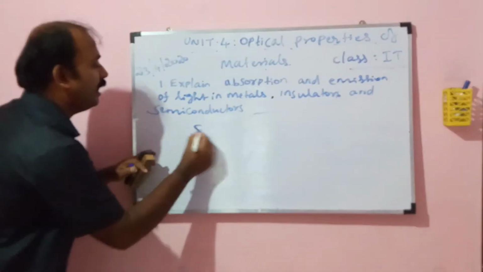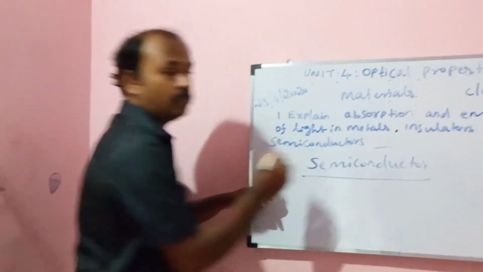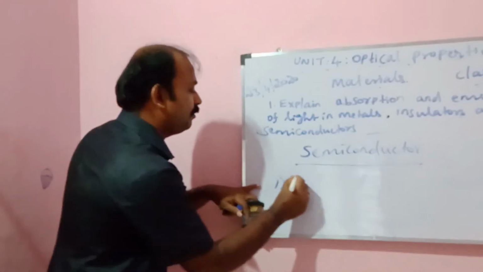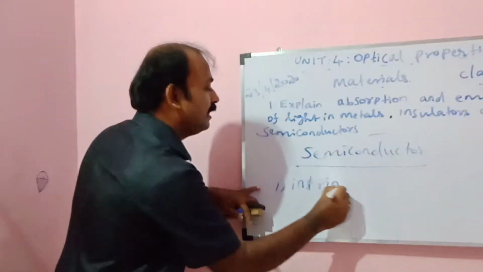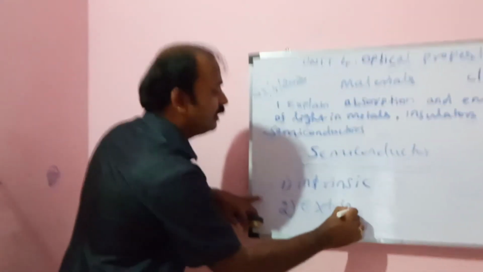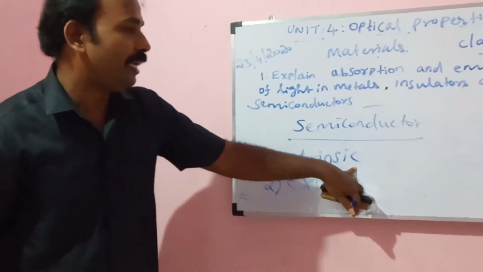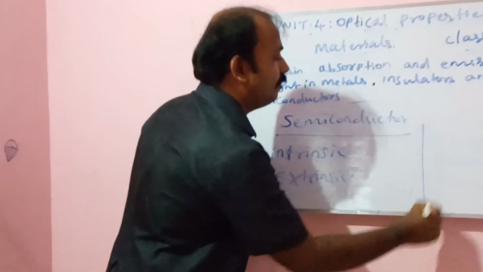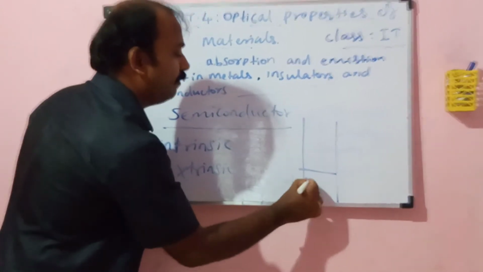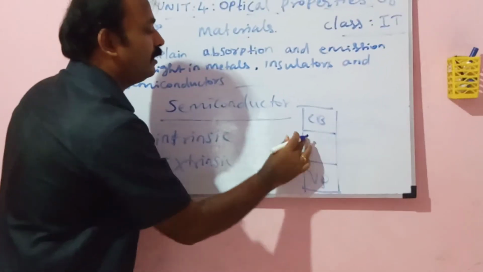In the case of semiconductors, they are classified into two different types: intrinsic semiconductor and extrinsic semiconductor. In an intrinsic semiconductor, as usual, there is a valence band and a conduction band, and in between them the energy gap.